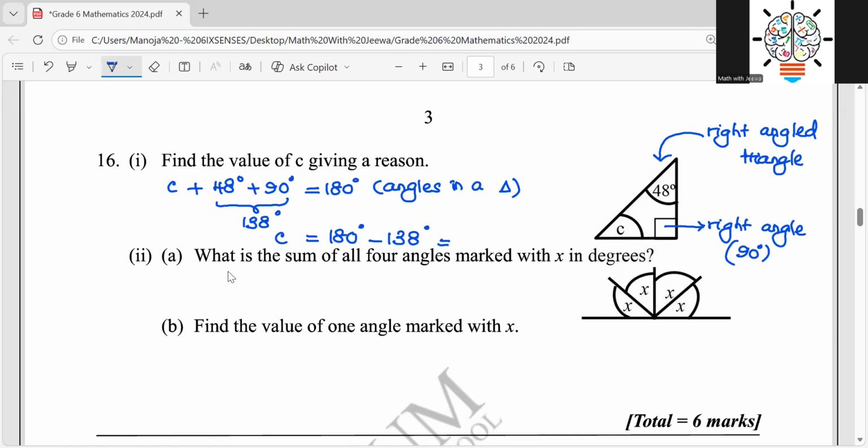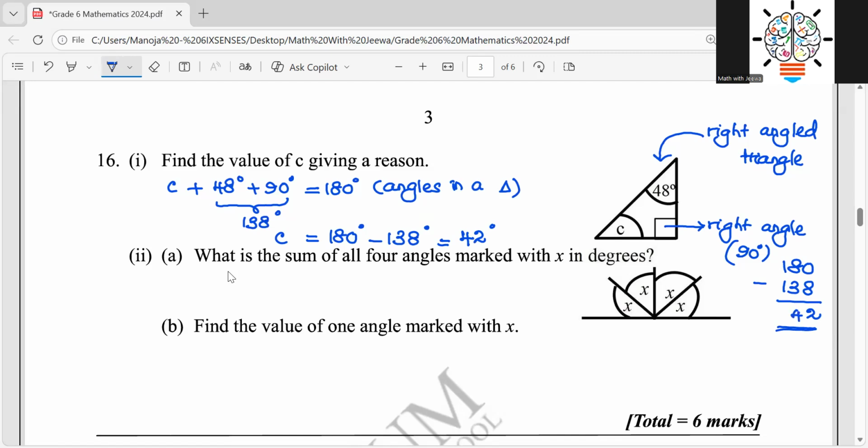Okay. What is the answer, children? 42 degrees. Okay, if needed, you can find it here, 180 minus 138, right? So then you subtract.